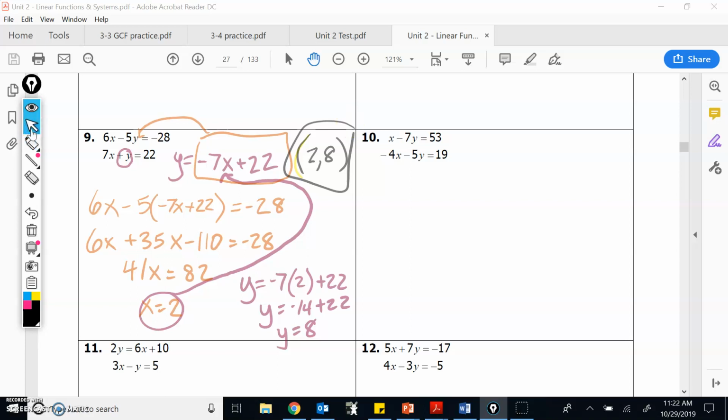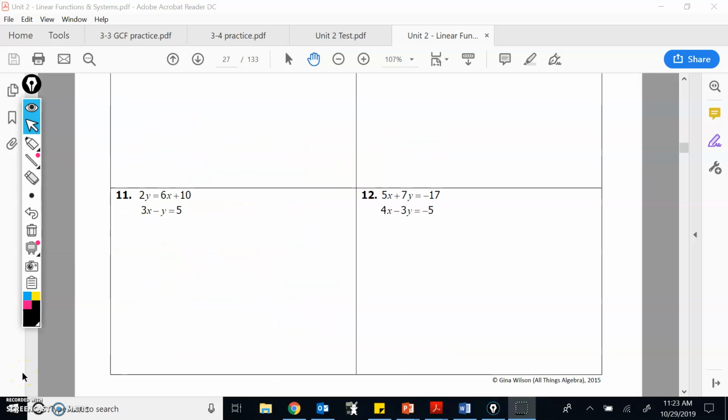Let's do a problem where we may have an infinite or no solution. Let's do number 11. Let's see if that one gives us a special solution. So first, let's see between the 2y, the 6y, the 3x, and the -y, what would be easiest to get by itself. You don't always have to pick y.